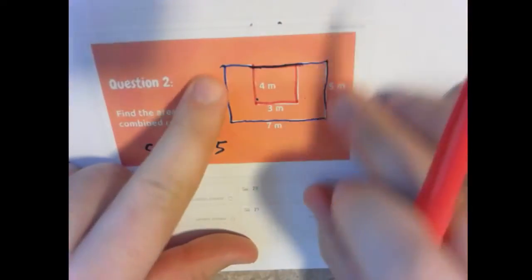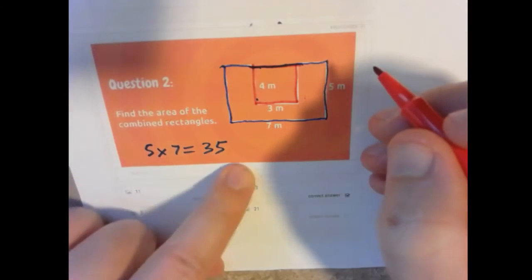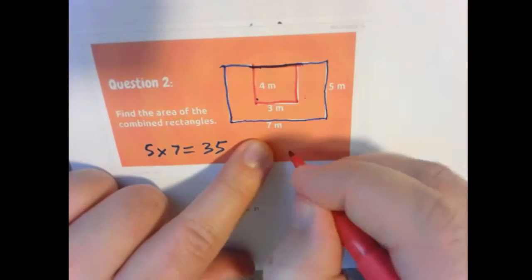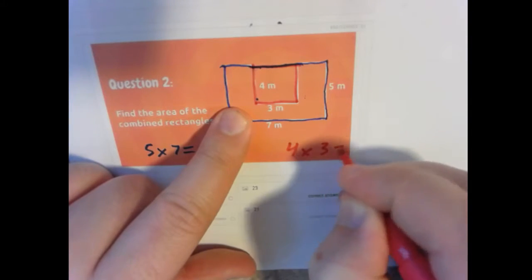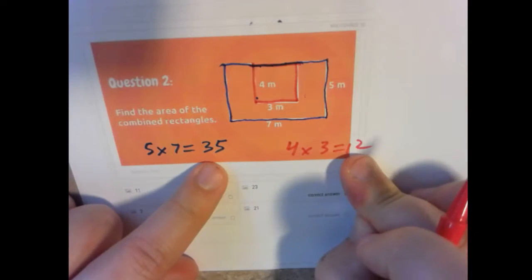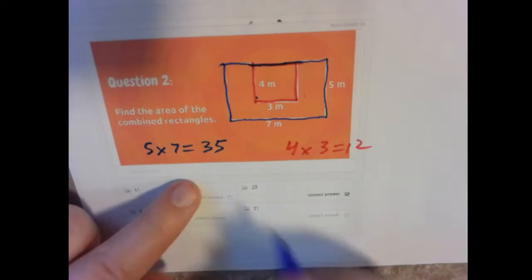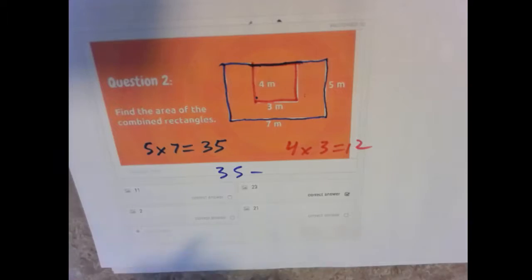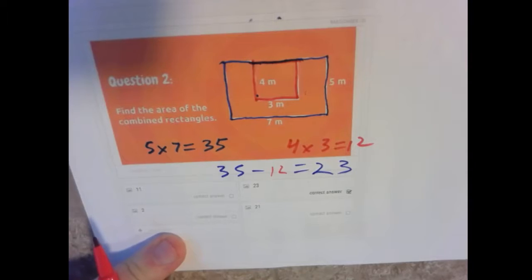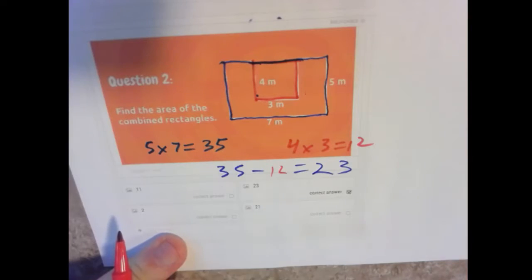So this whole blue area was 5 times 7 is 35. Sorry about that. And the red section that was taken away is 4 times 3. So if we do 35, take away 12, we're going to end up with 23. 35 minus that little section that was taken away of 12 makes 23.